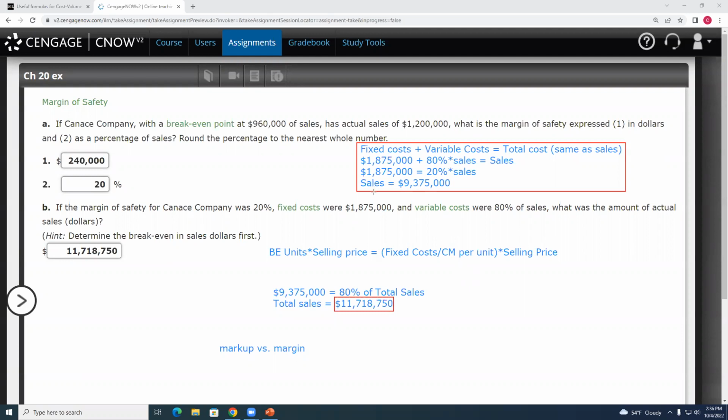That's the break even sales. Sorry, I should have labeled that. I should have labeled this as break even. And so if that's the break even sales, what would the full sales or the actual total sales be if there was a margin of safety of 20%?